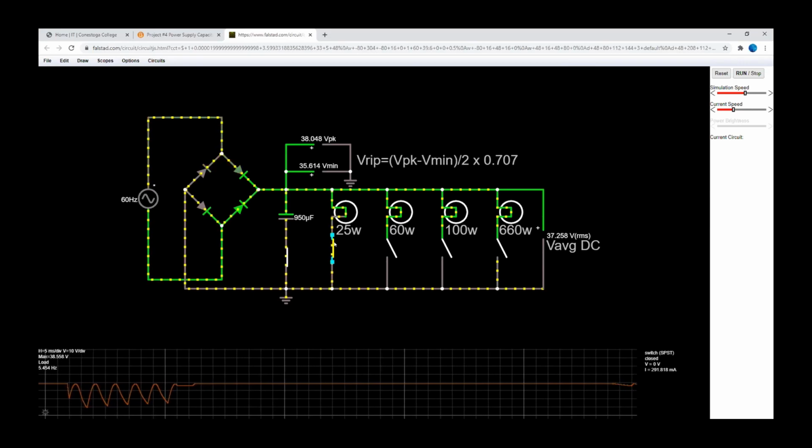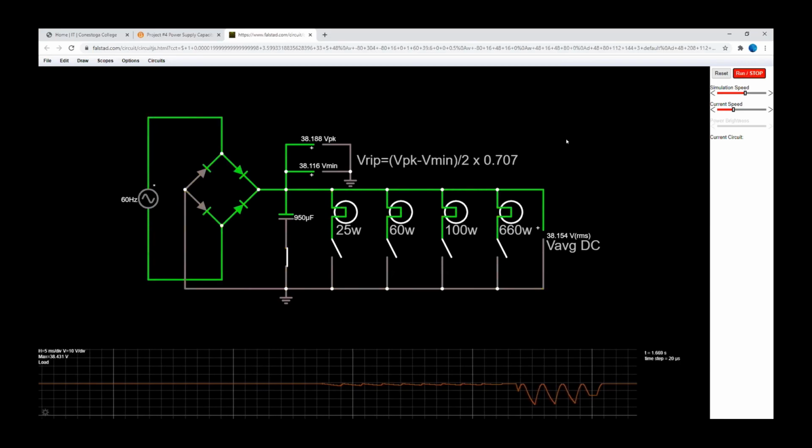So right here, we are going to have way less ripple, while here, we are going to have a huge ripple. Right here, without any load, the ripple voltage is going to be 0. Right here, with a little bit of load, that was the 25-watt light bulb, we are going to have a little bit of ripple voltage. Right here, with the 660-watt load, we are going to have a lot of ripple voltage.